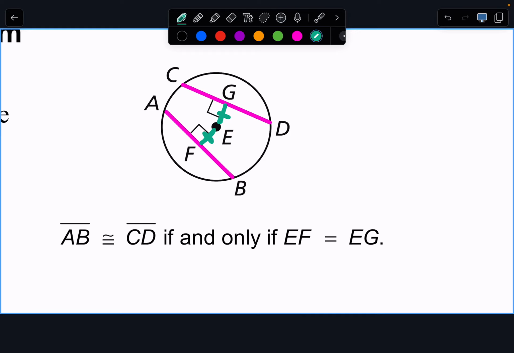Let's talk about equidistant. We need two things to show that they're equidistant. One, that those segments are equal, but what's another part of distance measurement? They better be perpendicular. In order to measure distance, it has to be a perpendicular segment. Okay?